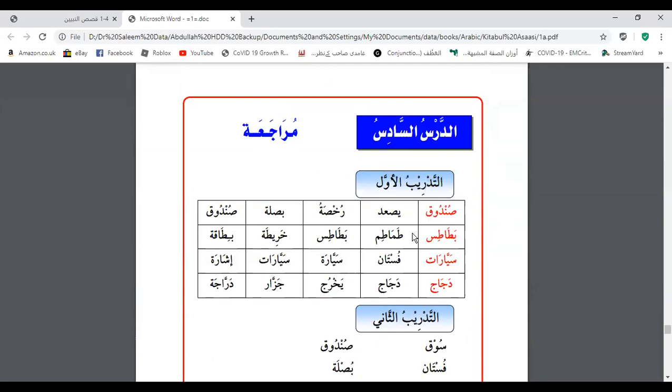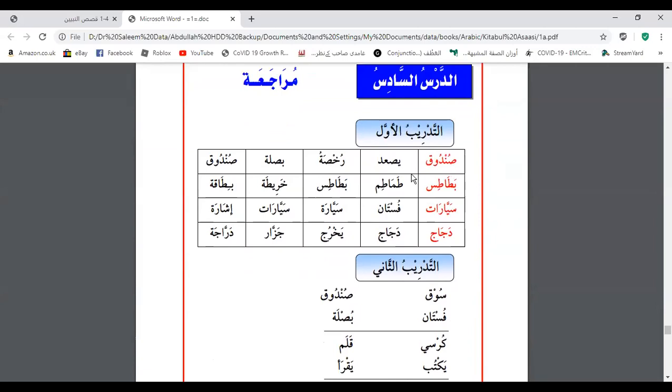First exercise. Sunduq means box. Yas'ad, to climb. Rukhsa, license or badge. Rukhsa means to have the excuse as well, but here it means license. Buswala, with the vowel there, and that was a compass.